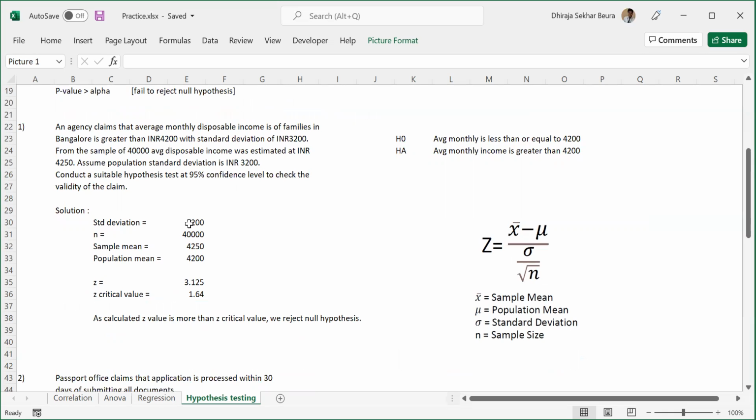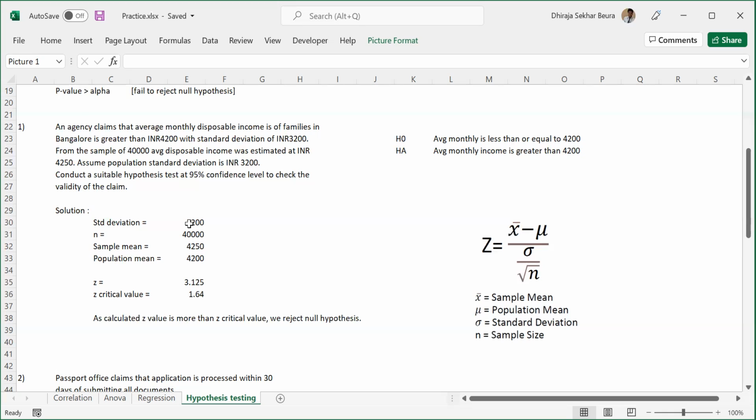Is it a null hypothesis or an alternate hypothesis? It's a claim, not an assumption or an estimate. Whenever you see words like claim or greater than, we have to set it as the alternate hypothesis.